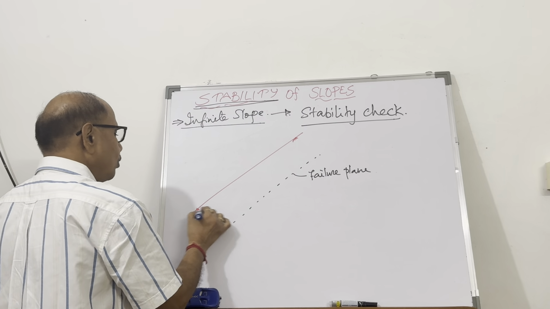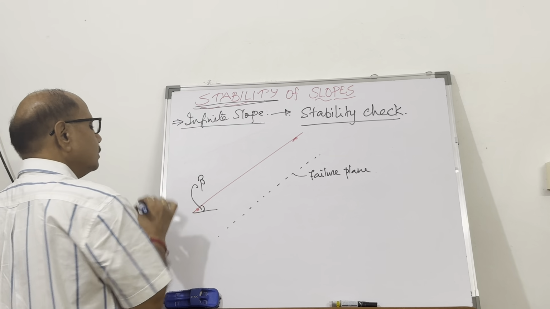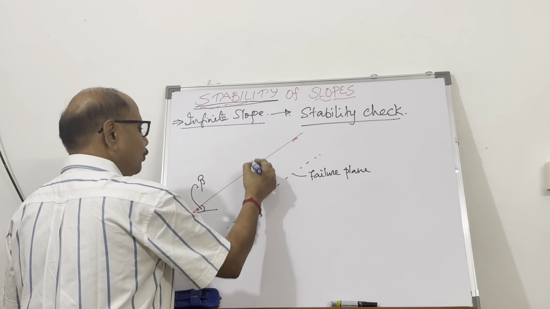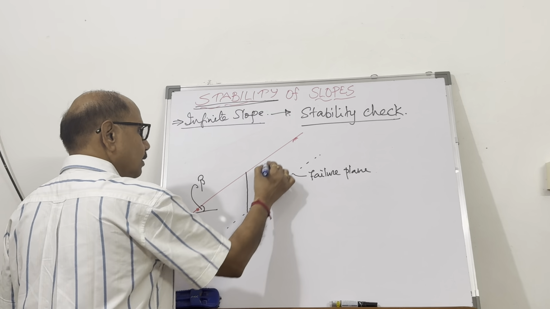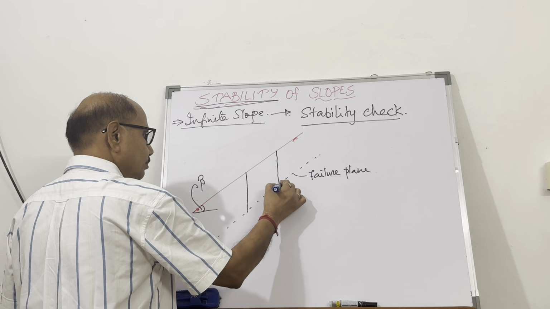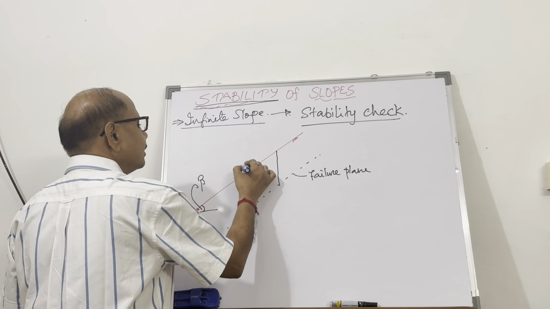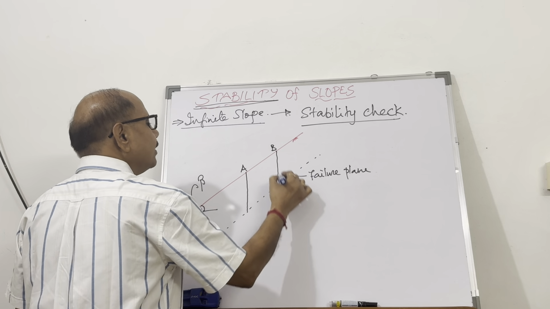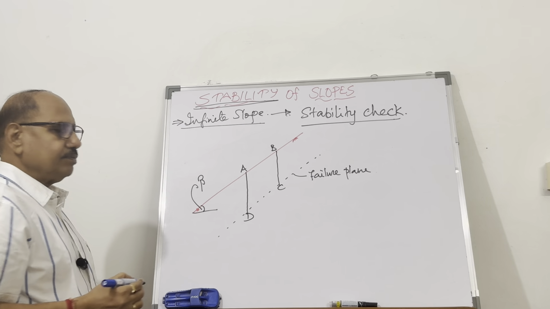And let's say the slope angle is beta. If you take a prism over here, let's say I take a prism. I may call this A, B, C, D. So ABCD is a prism.